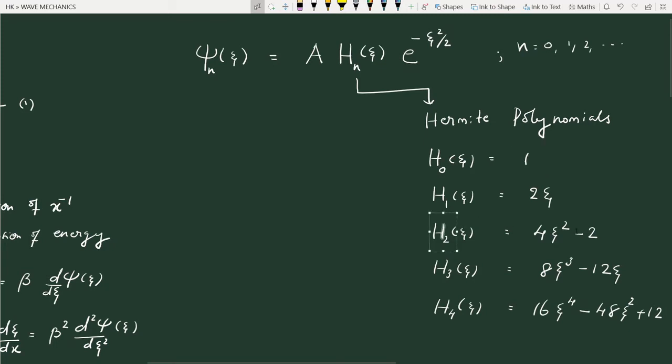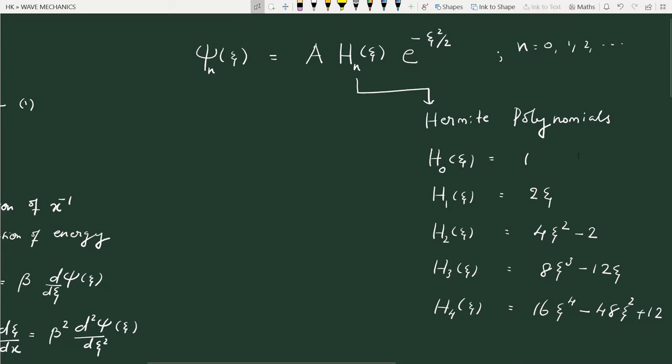For n equal to 2, the expression for the Hermite polynomial contains only an even power, theta square. For n equal to 4, it contains theta raised to 4 and theta square. So for 0 and even values of n, this polynomial is either independent of theta, in the case of H0 theta, or contains only even powers of theta, in the case of H2 theta, H4 theta, H6 theta, etc. In other words, it's an even function.